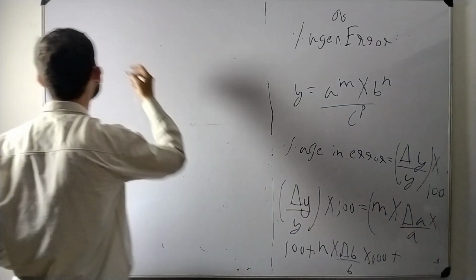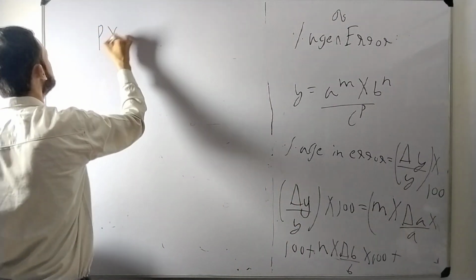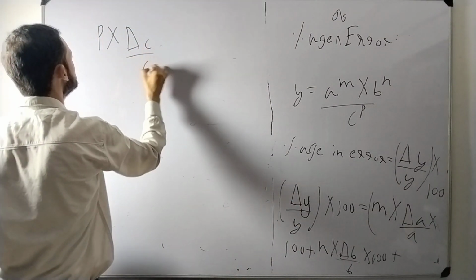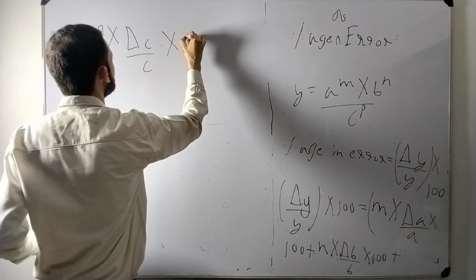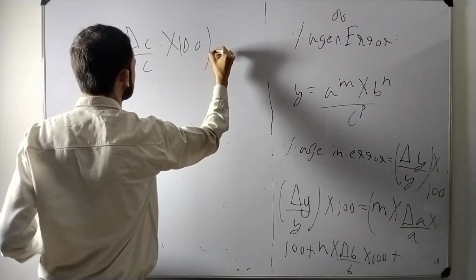So the p part, p del C upon C into 100. Very good, students. Very good.